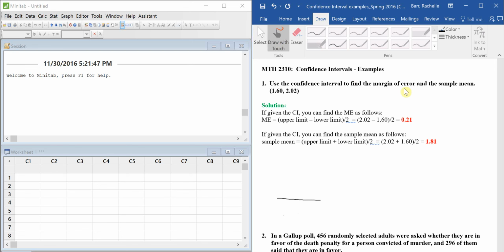When you create the interval, when you're calculating a confidence interval, you take your original mean and you add and subtract the margin of error.